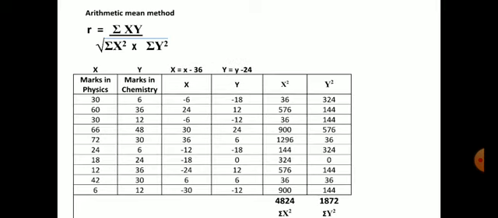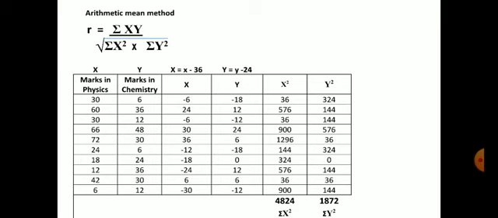So x square is 36. 6 square is 36, minus 6 square is 36, 30 square is 900, 36 square is 1296. Similarly, we have to calculate all the capital X square and capital Y square.